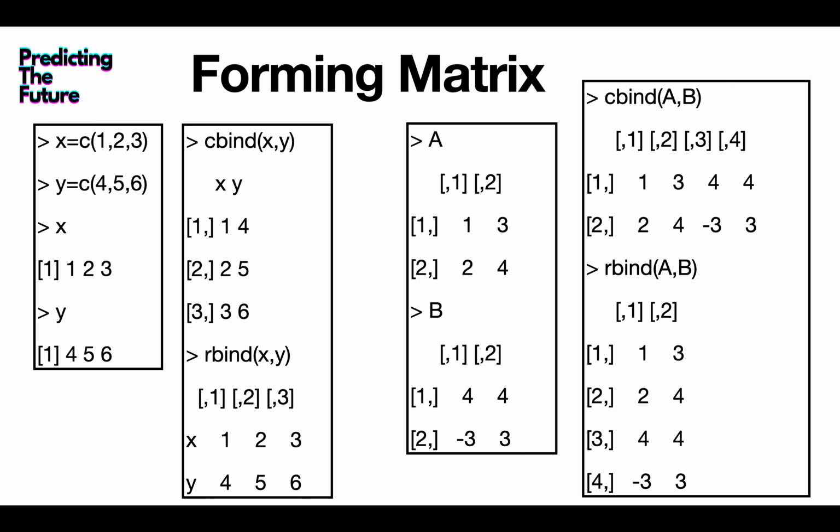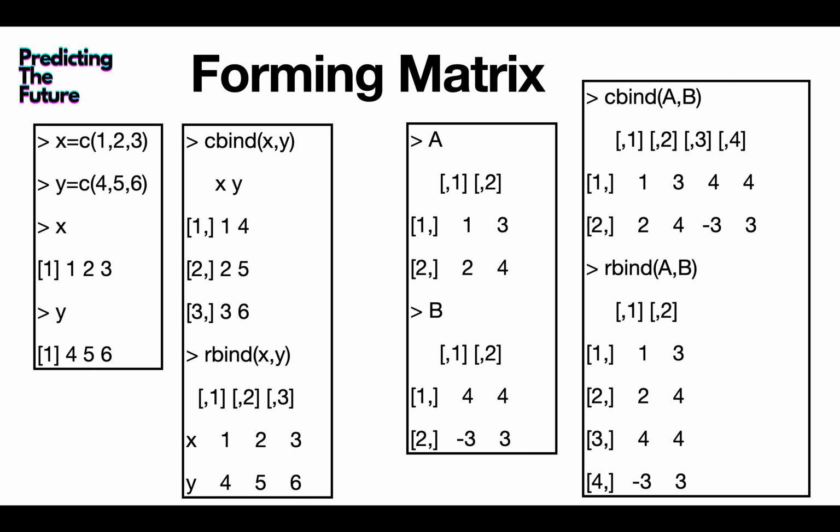Another way of creating a matrix is to use two functions: one is cbind, which means column binding, and the other is rbind, which means row binding. We're trying to bind multiple vectors into a matrix.